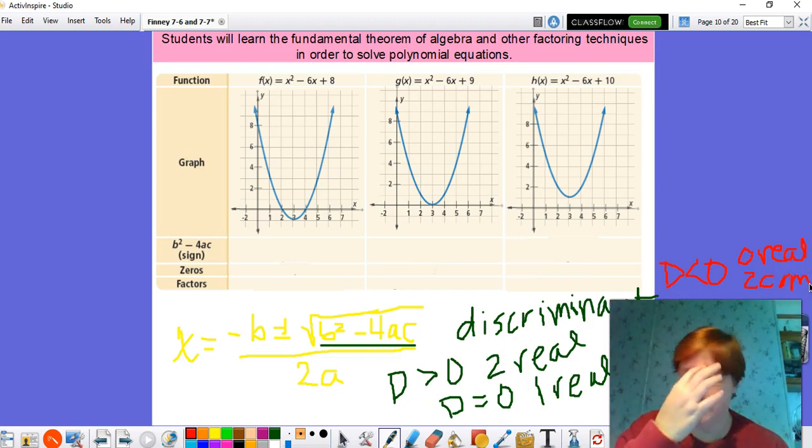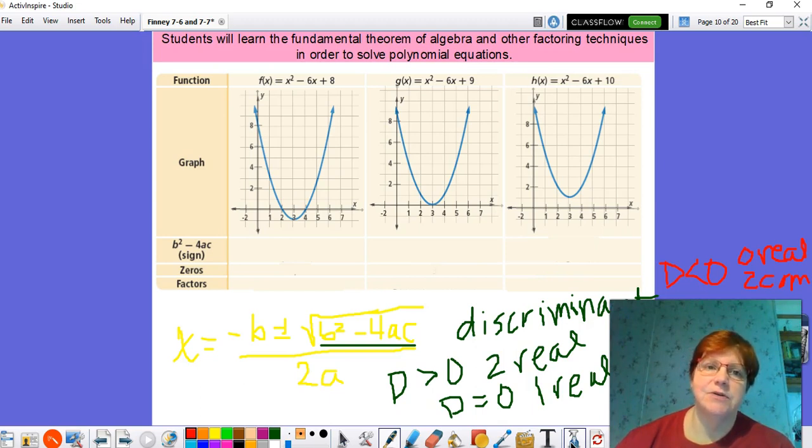So when we look at our b, our a, and our c, for the first equation, we're going to have negative 6 squared, which is 36, minus 4 times 1 times 8. 4 times 1 is 4, times 8 is 32.